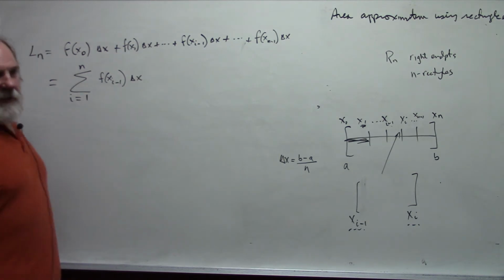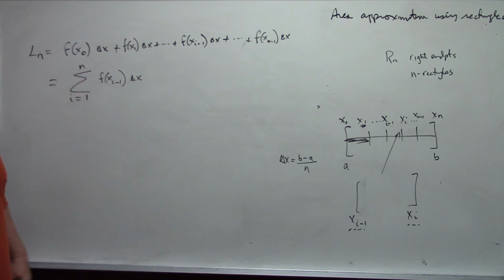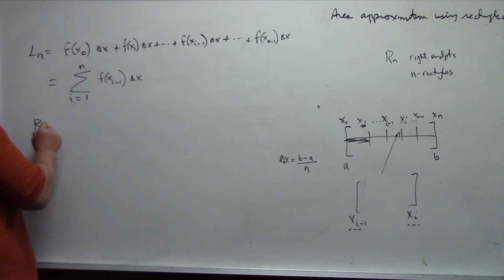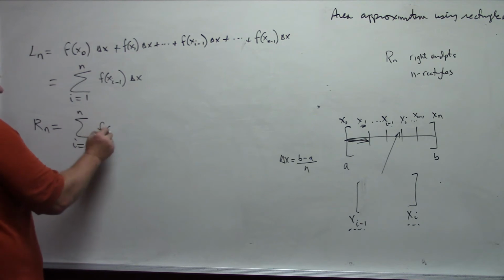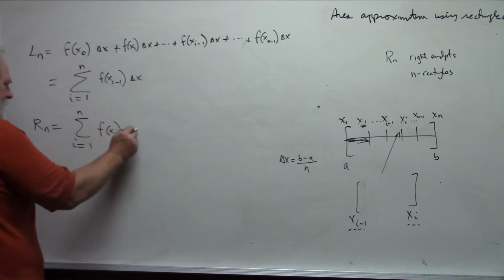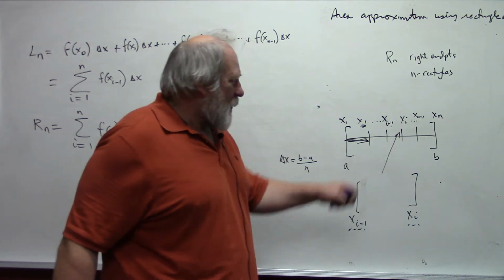If you've done any kind of programming, it starts when i equals 1 and ends when i equals n, and you add in between. It is what we have up above. Similarly, R sub n would be the summation i equals 1 to n of f of x sub i delta x. In this case, I'm always using the right-hand endpoint as I move across.